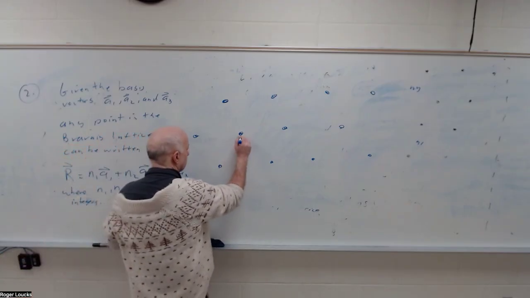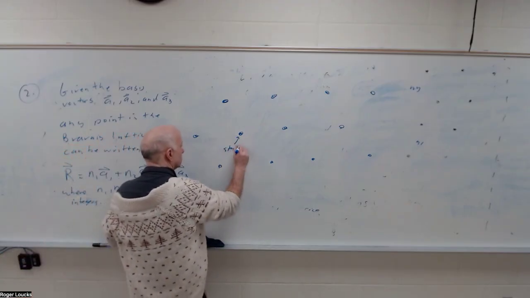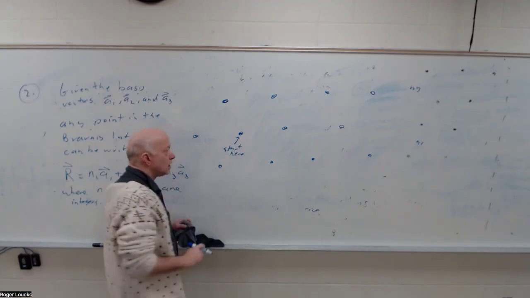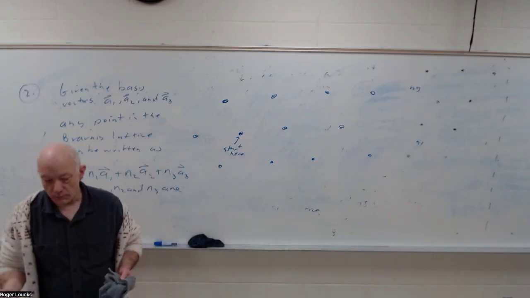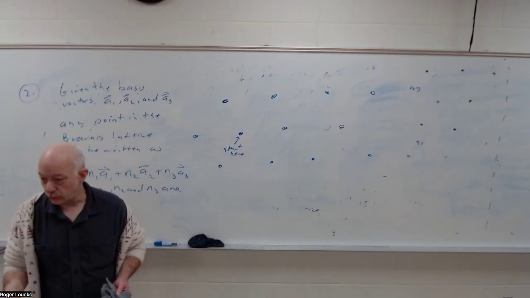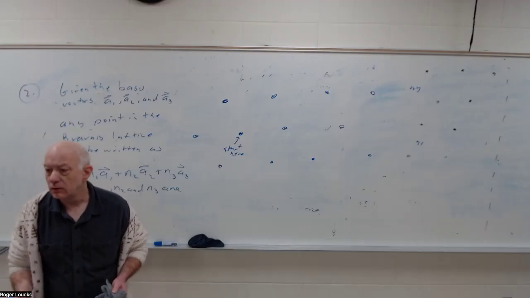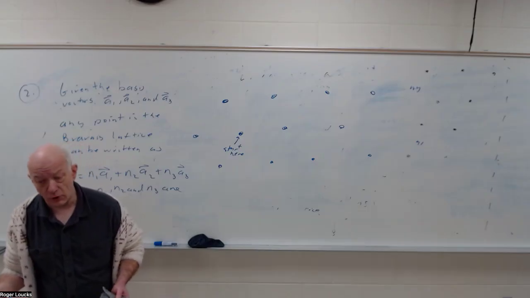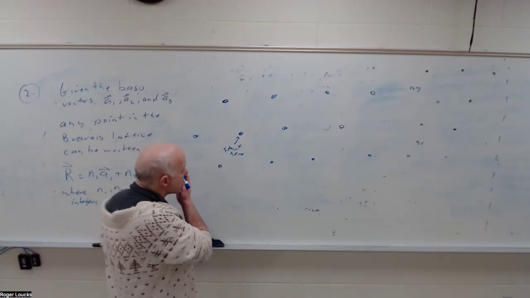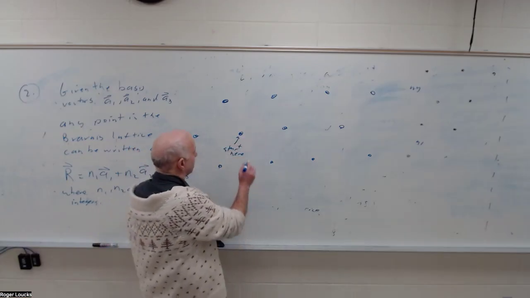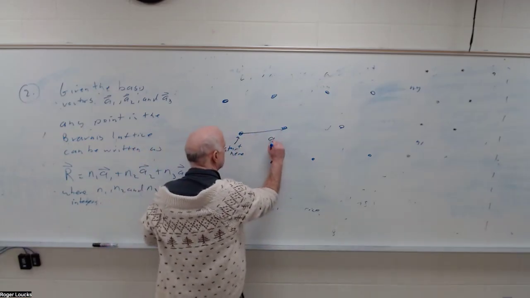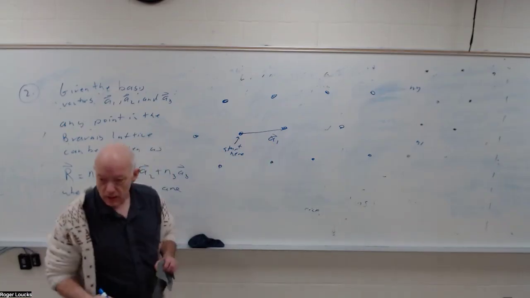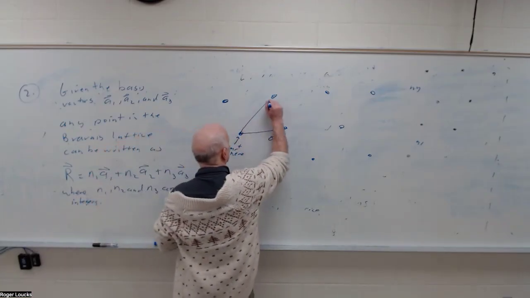I'm going to start here. So I want to have what are called basis vectors, A1, A2, A3. Why am I not going to worry about A3? It's going to be really hard to draw it on this. That'd be for 3 dimensions. That'd be hard to do. So what I'm going to do is I'm going to arbitrarily go to this fellow here, and I'm going to call this A1.